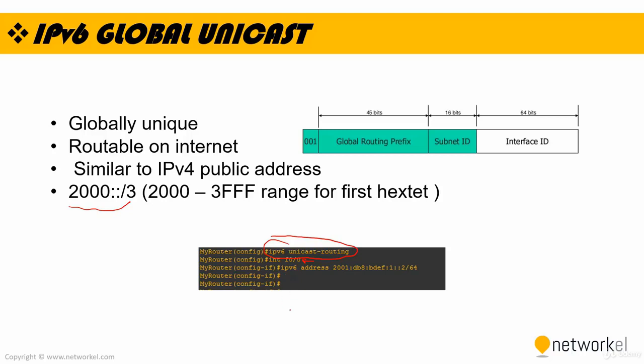If you were configuring IPv4, you would type ip address, then the IP address and the subnet mask. But if you're configuring IPv6, you type ipv6 address instead of ip address. That's it. The rest is the same: the IP address and the subnet mask.